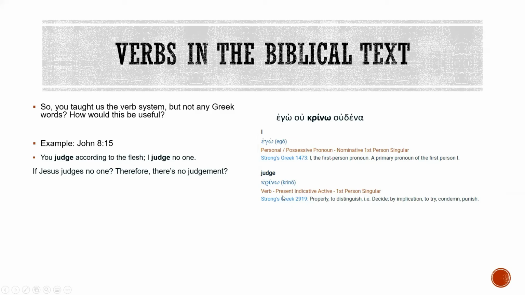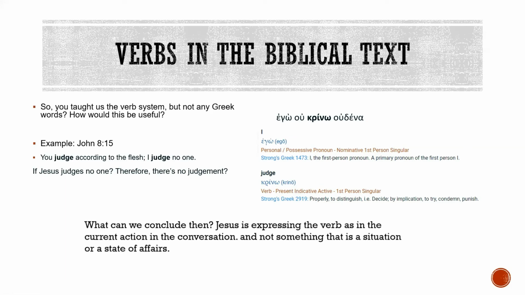And what you may notice is that it's a present indicative active. And as you may know, since it's a present form of the verb, the present form is communicating that judging is an action which is in process or unfolding.